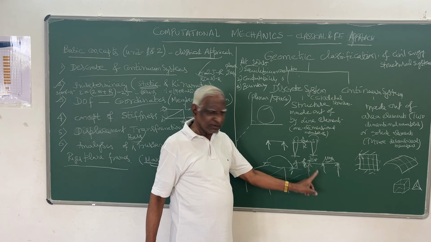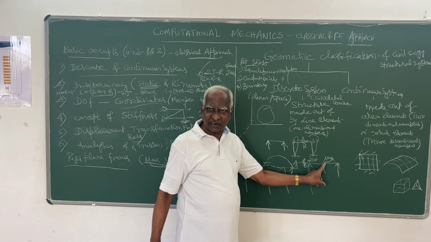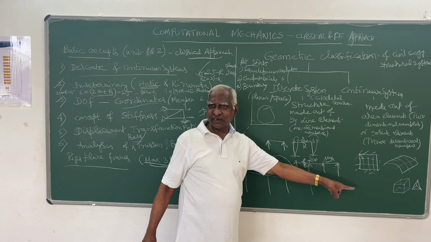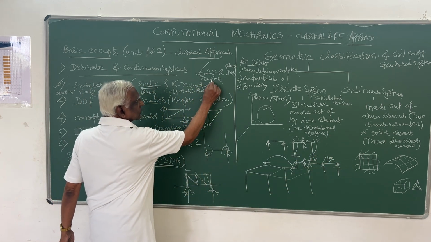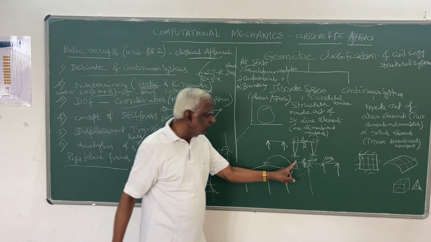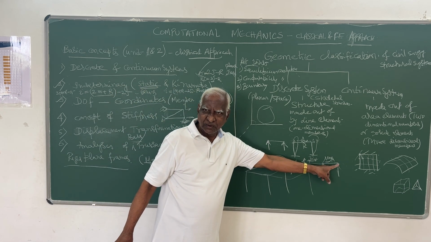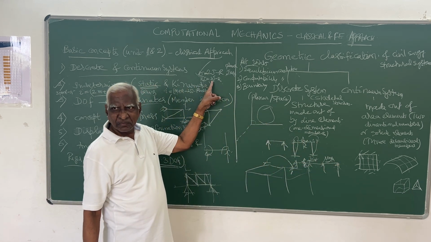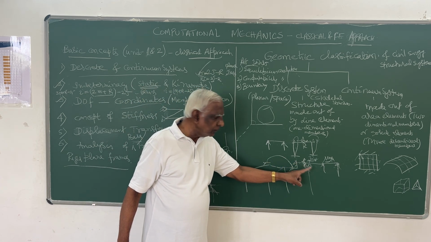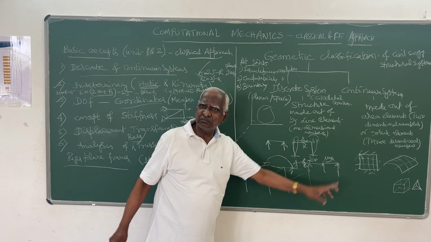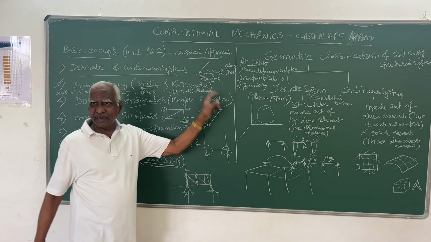Only rotation. Here, only rotation. Here, only rotation. So 1, 2, 3. So that means it is 2j, two times the number of joints, 1, 2, 3, 4. 2 into 4, 8, minus r, which is here 2, 3, 4, 5. If you do it, you will get 3.